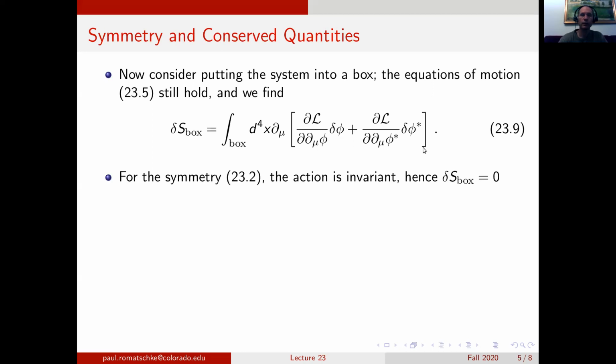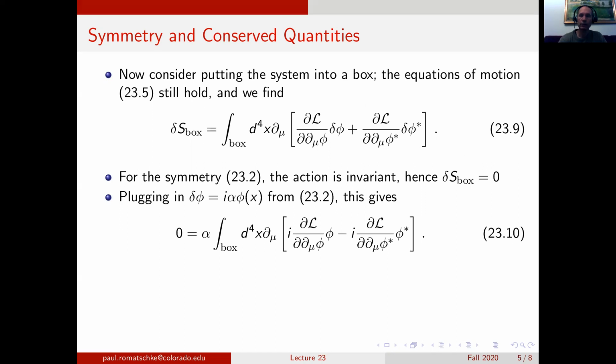If the variation of delta phi that we are considering is an actual symmetry of the system, the action is invariant, so delta S box has to be 0 if delta phi is a symmetry. If it's not a symmetry, then in a box, this variation would not be 0.